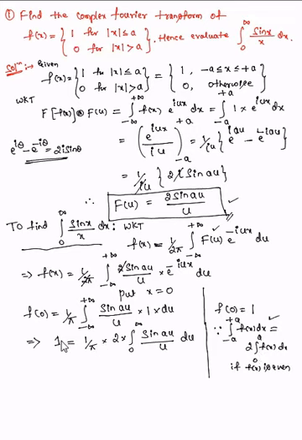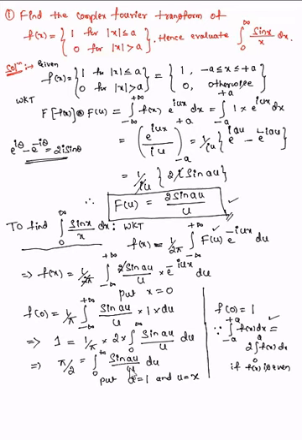Now let us cross multiply this. It is pi by 2, which goes to the numerator. So pi divided by 2 equals integral from 0 to infinity of sin au divided by u into du. This is the simplified expression. Finally, we put a equal to 1 and u equal to x in this.